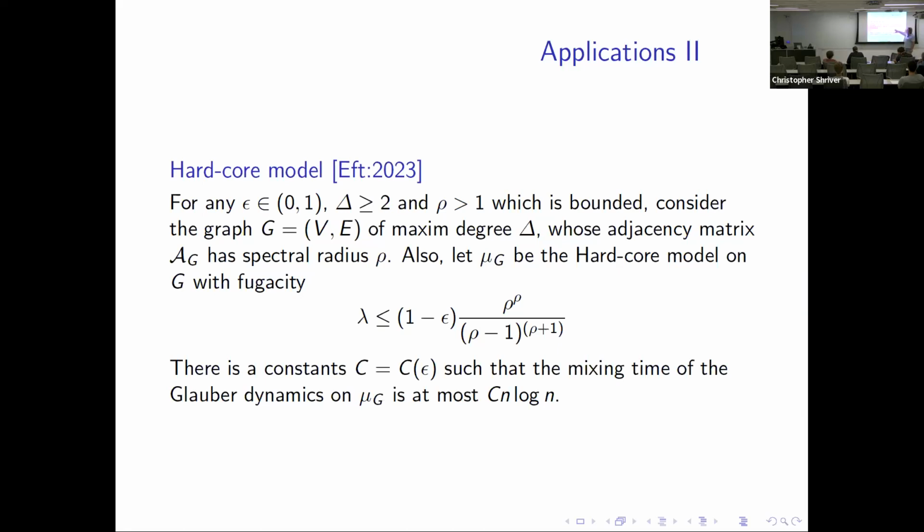Now, if you choose a hardcore model with fugacity lambda, which corresponds to the uniqueness region of the hardcore model at the R-regular tree, right? Then the mixing time of Glauber dynamics for G is at most big O of n log n, right? So, any questions here?